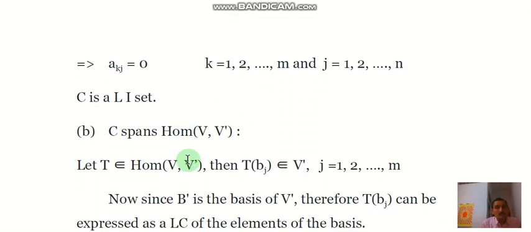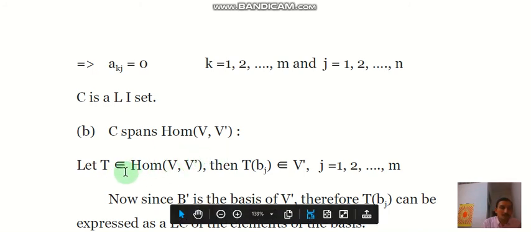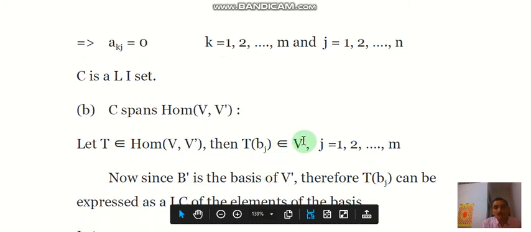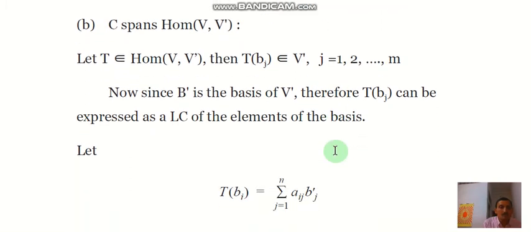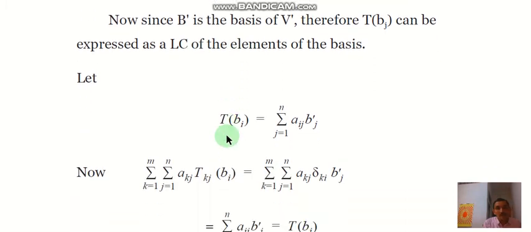Second, we will show that C spans Hom(V, V'). Let T belong to Hom(V, V'), then T(Bi) belongs to V' for i varying from 1 to m. Since B' is the basis of V', T(Bi) can be expressed as a linear combination of the elements of the basis. Let this combination be T(Bi) equal to the summation, j varying from 1 to n, of aij Bj'.